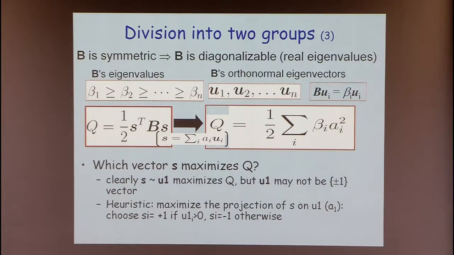And it's very easy to maximize the projection because the projection is simply the scalar product, and therefore if you choose Si to be +1 if the ith component of U1 is positive and -1 if it's negative, then you are maximizing the projection, and therefore you are computing approximately the best division into 2. Now you can apply it recursively in order to get a division.